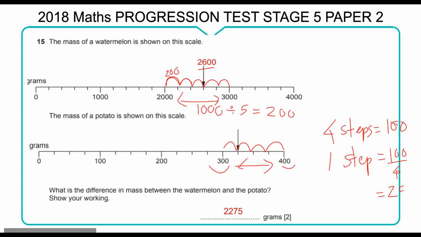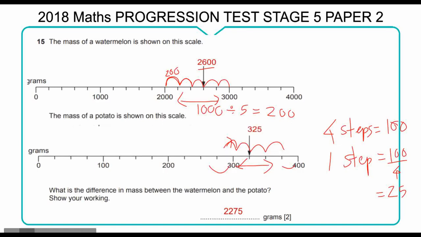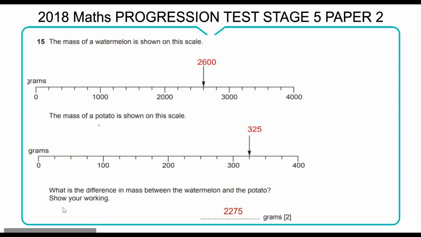So this is only 1 step, so 325. So we subtract because we have to find the difference. So this 325, this is 2600 minus 325, we got 2275. That's how we got the answer.